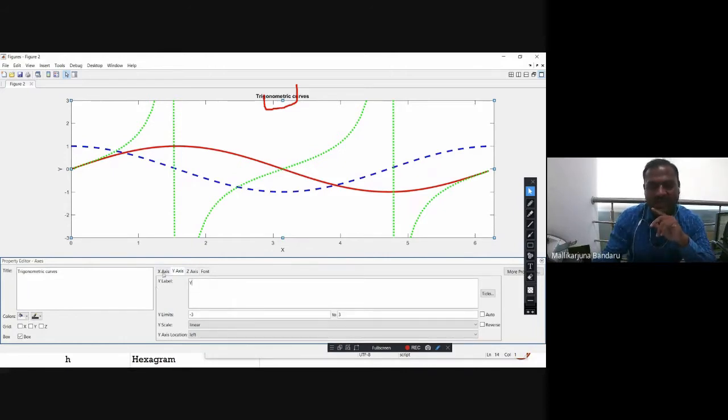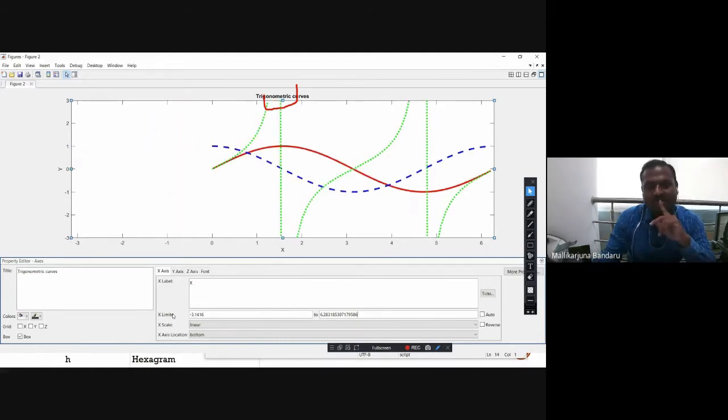Now suppose let me change the x values, like minus pi. See what it is. Why is it not showing the curve here? In the code we have taken the x values from 0, so that's why it is not showing in this negative area.